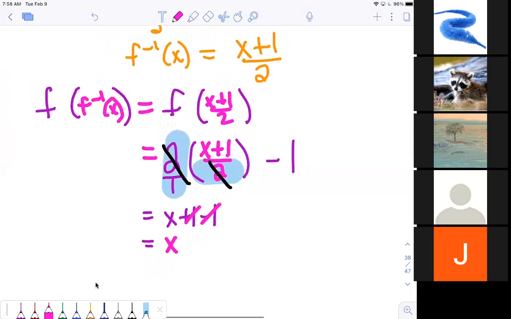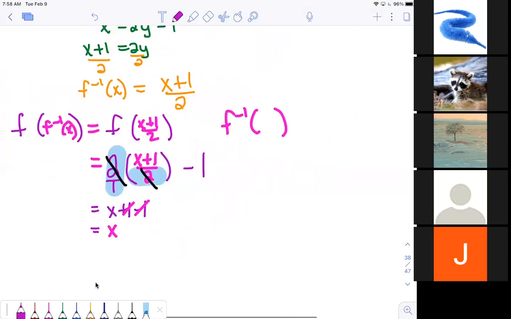All right, now we need to do the opposite. So now we have to have the function on the inside. And our original function was 2x minus 1. So the inverse we have is (x plus 1) over 2.